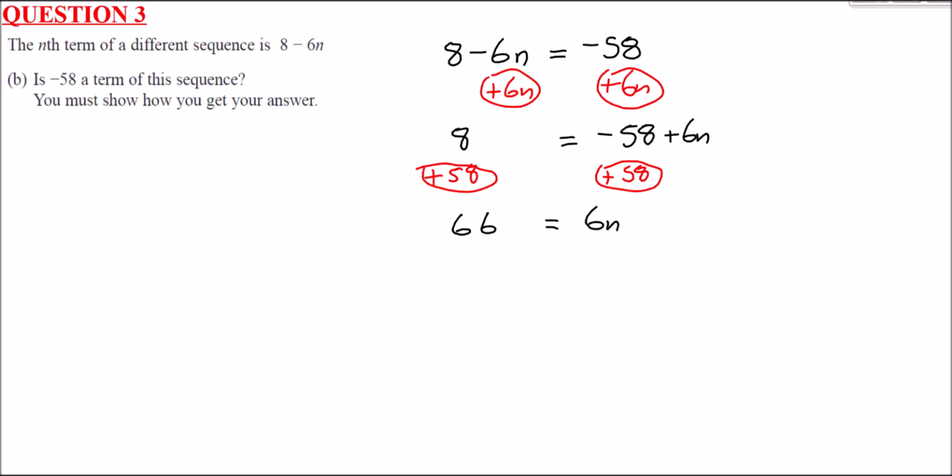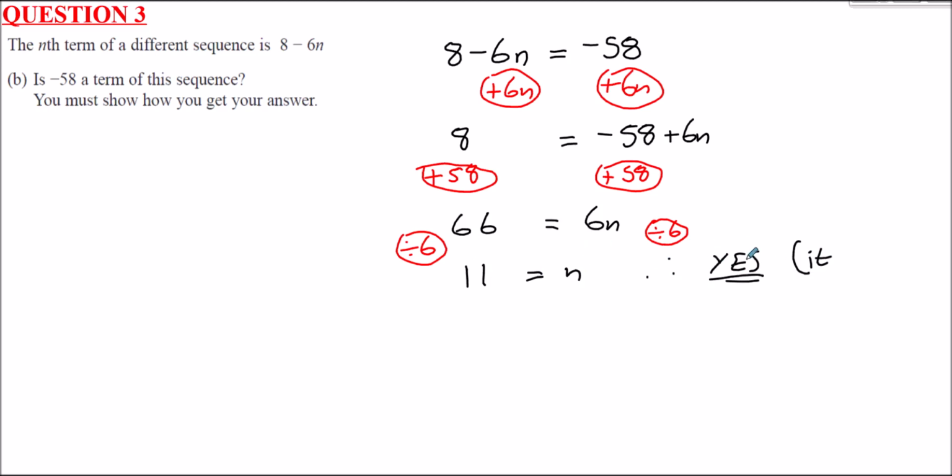Then finally, to get n on its own, we can divide both sides by 6. So 11 equals n. So the conclusion here is therefore yes, minus 58 is in this sequence. It is therefore the 11th term.